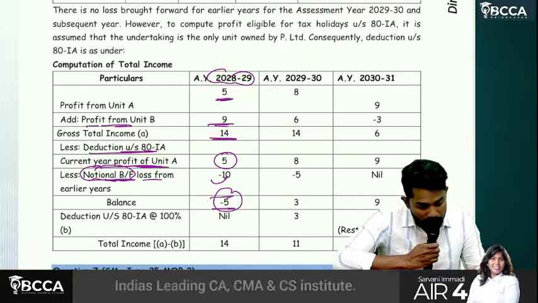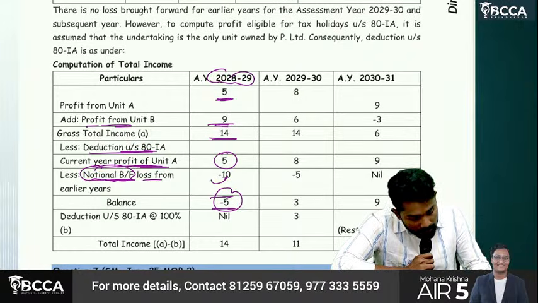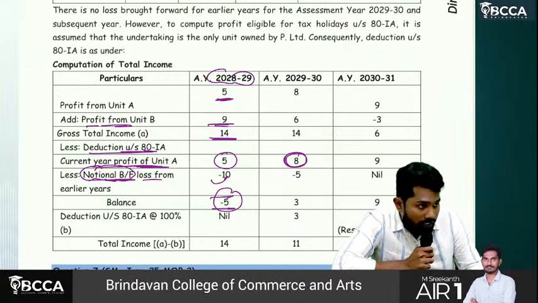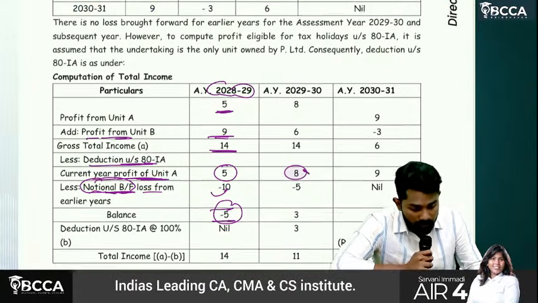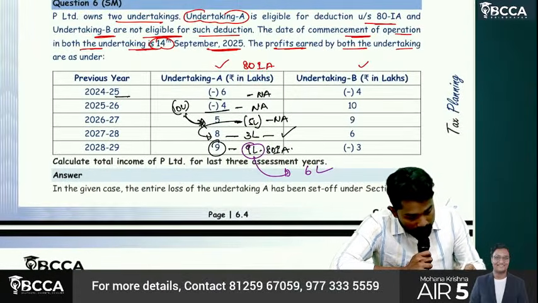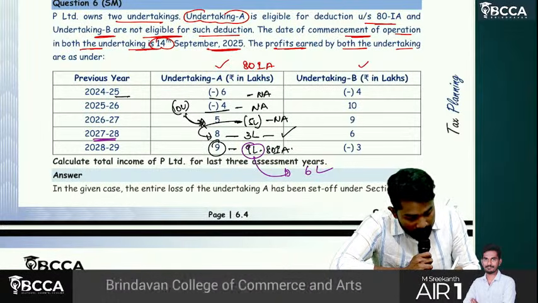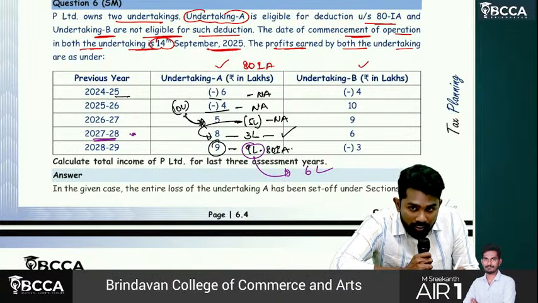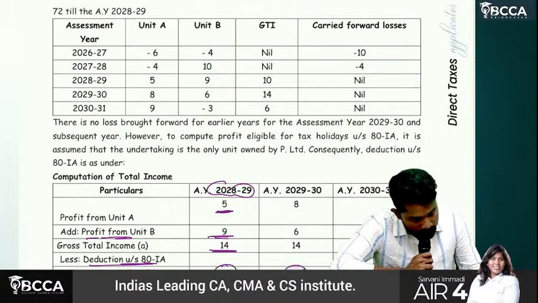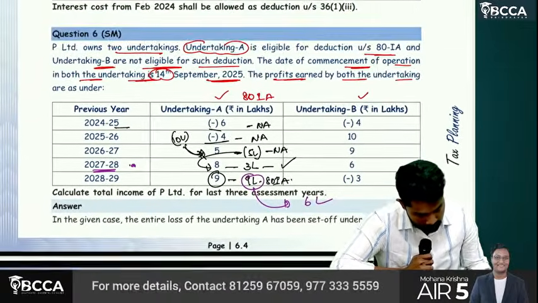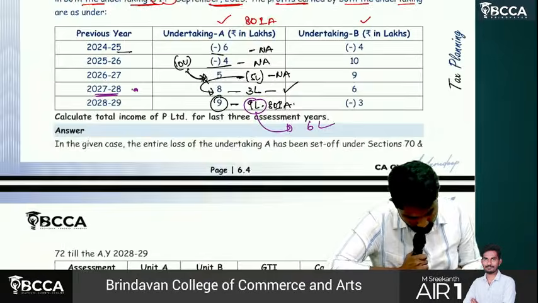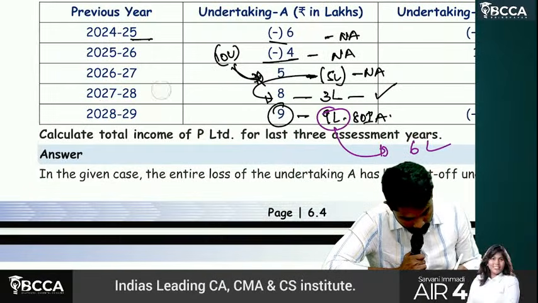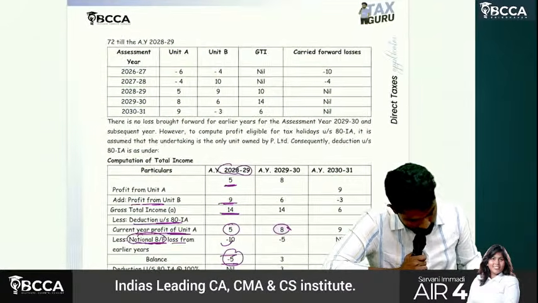Next year you go. Sir, how much is the current year profit in 29-30? 8 lakhs. Sir, see, previous year 27-28, assessment year what? 28. Okay, so let me change here.